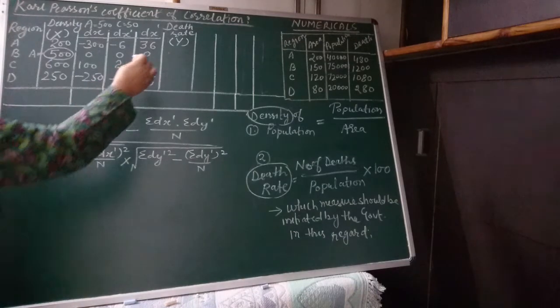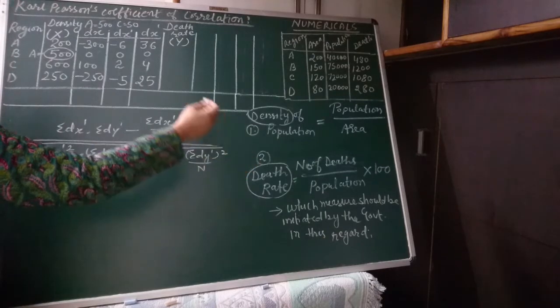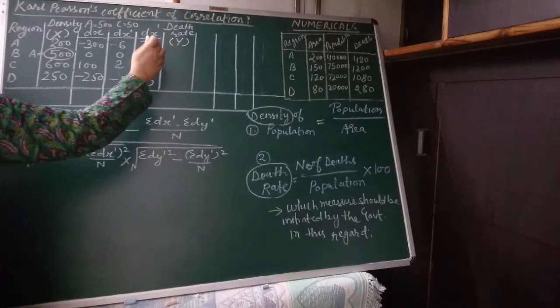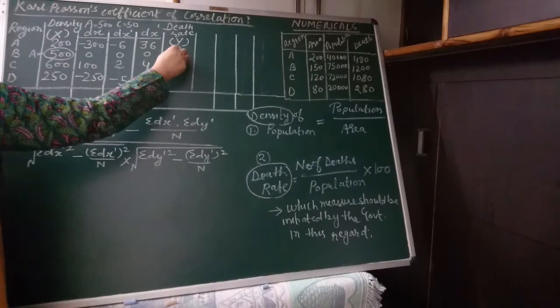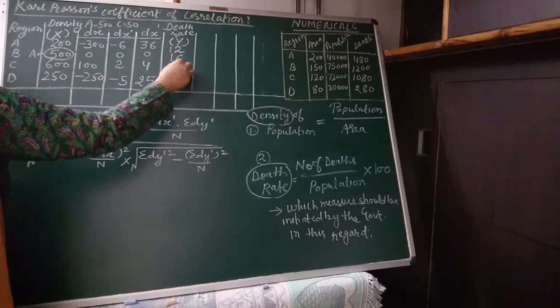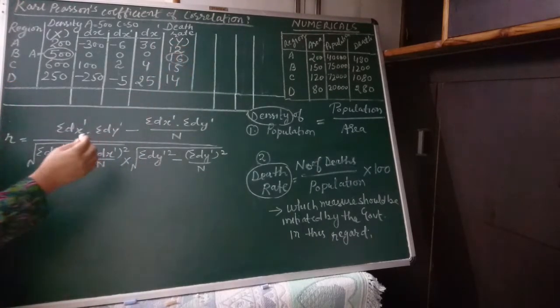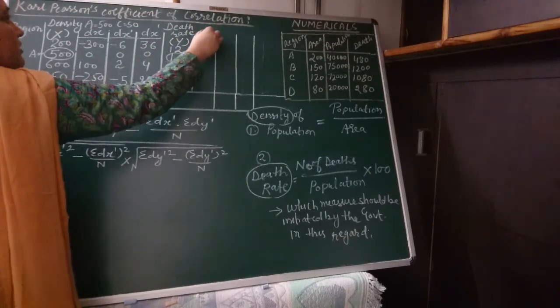Then for the calculation of Y, or death rate, number of deaths will be divided by population, and the values will be 12, 16, 15 and 14. Again we are assuming from Y, we are assuming 16, so that would be dy.